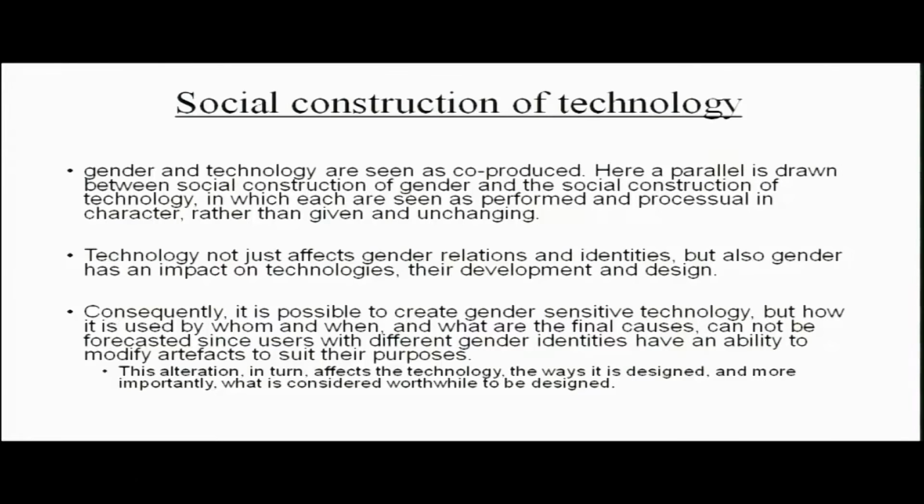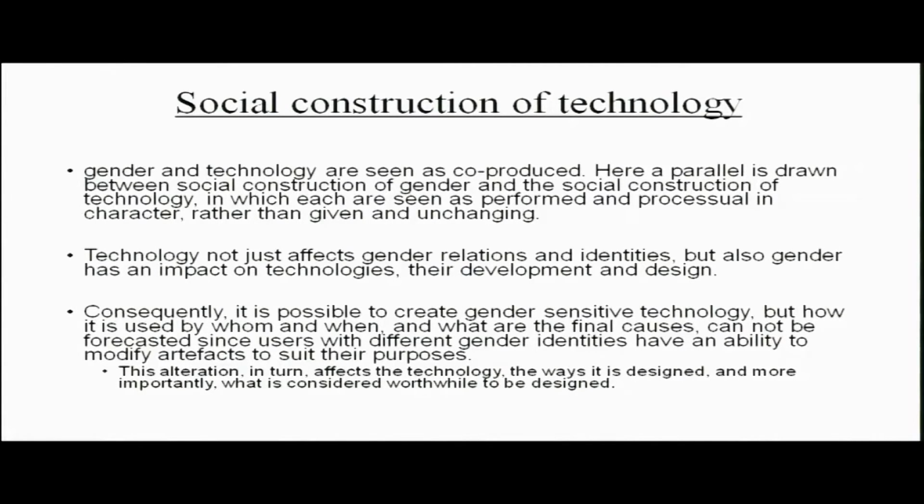So there's some significant research done in this respect, where they've talked about the social construction of gender, which we already have talked about, and the social construction of technology, which is a whole different area of study, in which it is seen that both are processual, both are evolving, and both are influencing each other. And technology not just affects gender relations and identities, but also gender has an impact on technologies, their development and design.